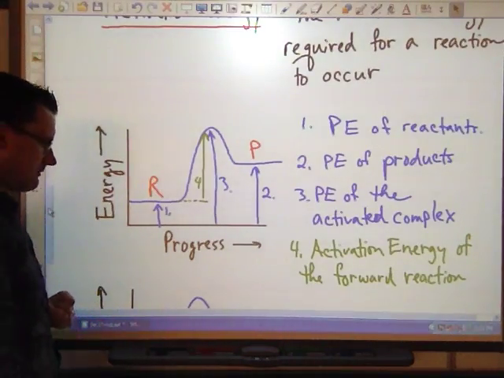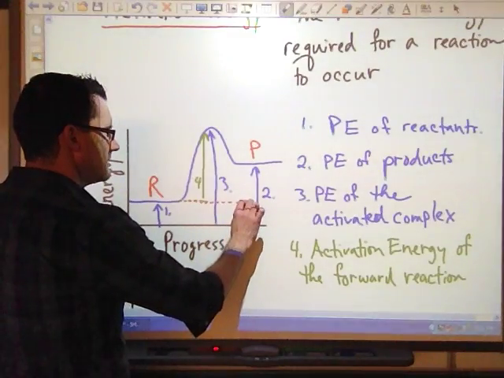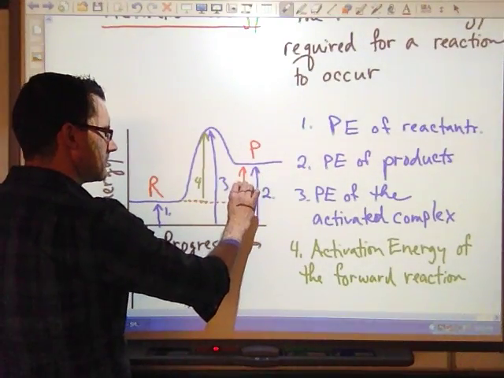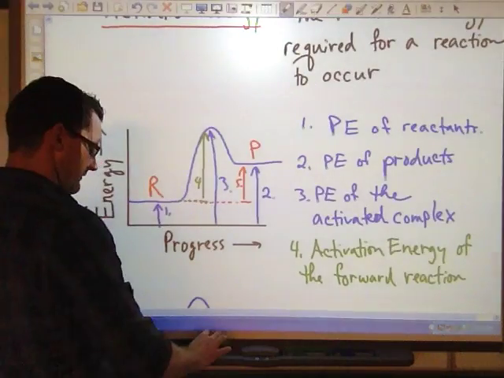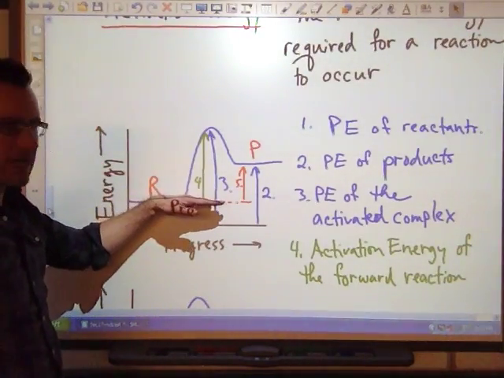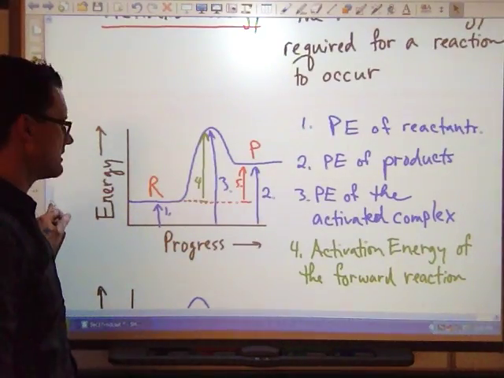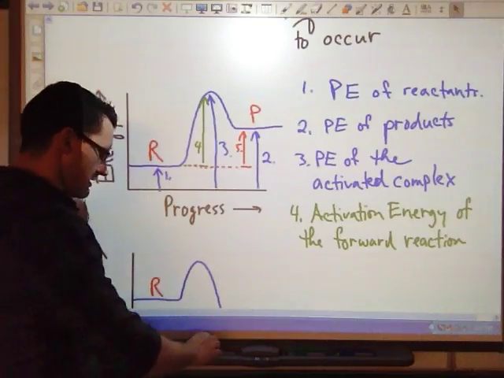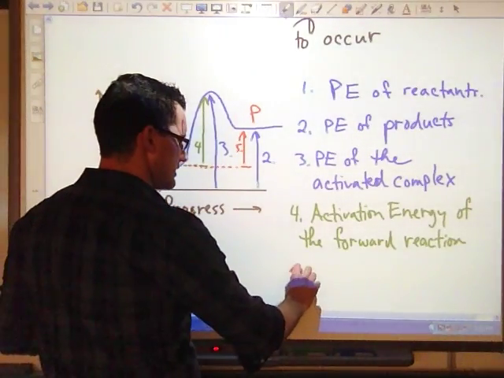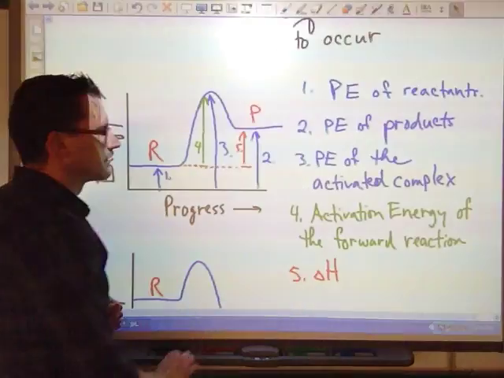One final thing we can get from this diagram, if I just extend this line, we have this. Number 5. So it's the difference between the height of the reactants and the height of the products, and that difference in energy we looked at in the last section there, that is actually the change in enthalpy for the reaction.